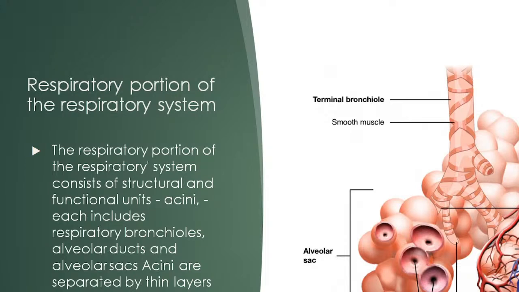Acini include respiratory bronchioles, alveolar ducts, and alveolar sacs, and they are separated by thin layers of loose connective tissue. 12 to 18 acini form a pulmonary lobule.